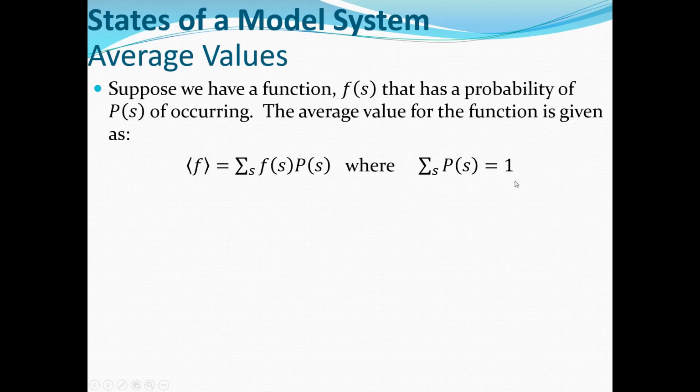Now, before I continue, I do want to point out this is the concept behind a weighted average. So if you've ever taken an average of something where not everything is the same, like when I do your grades, each of your test grades are weighted, or not just tests, but all the assignments, the homeworks, the tests, the final, when I go to find your total average grade for the class, I use a weighted average.